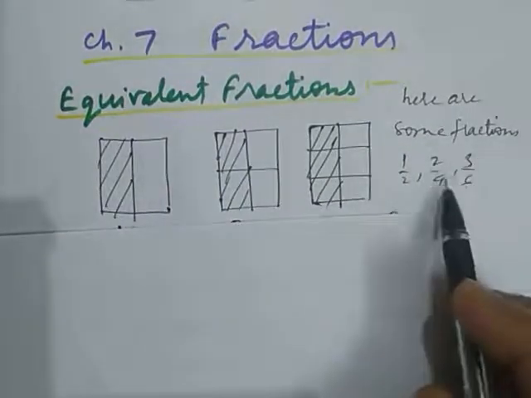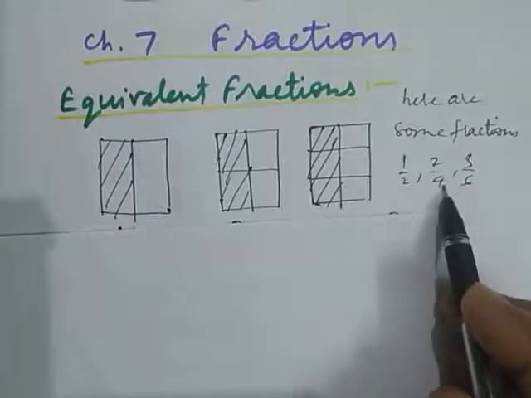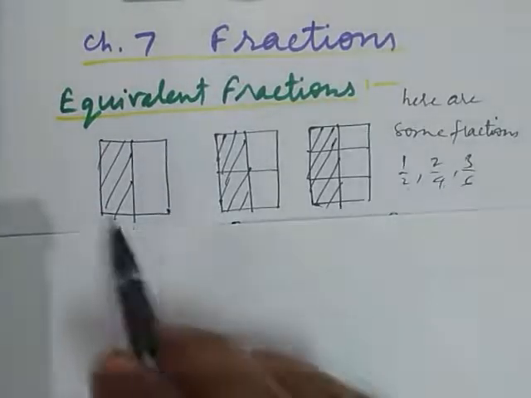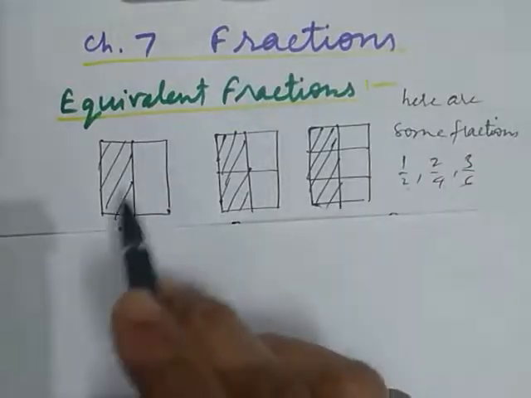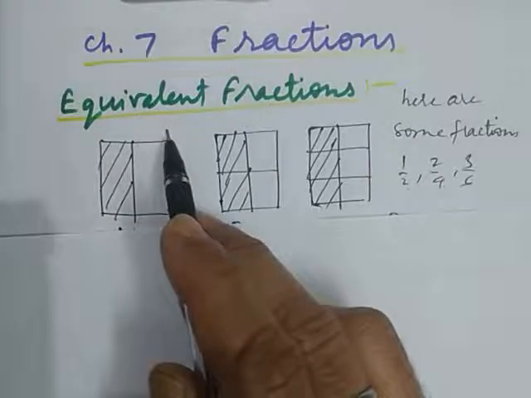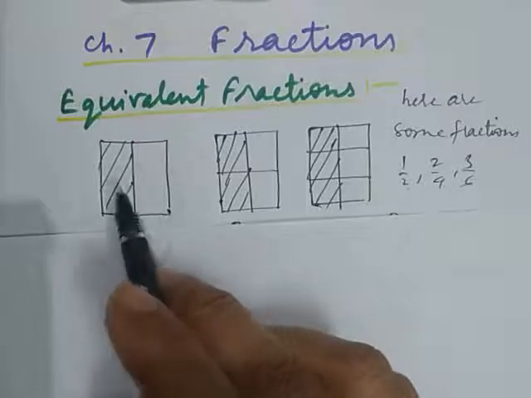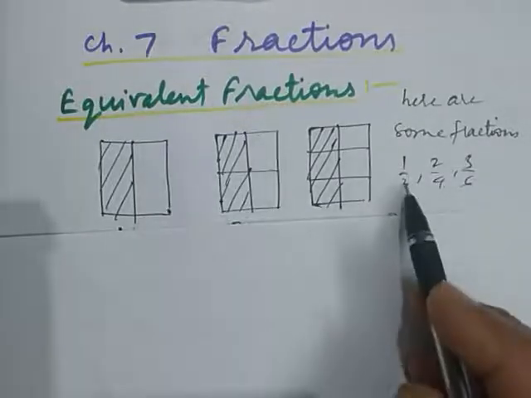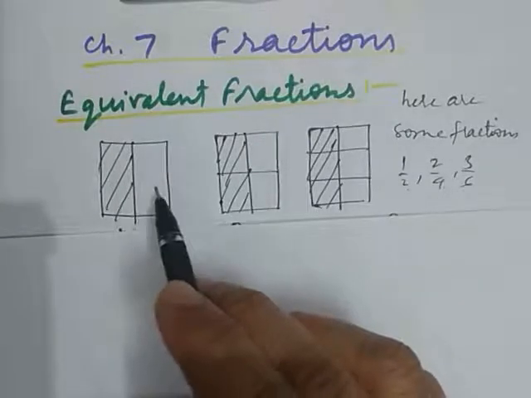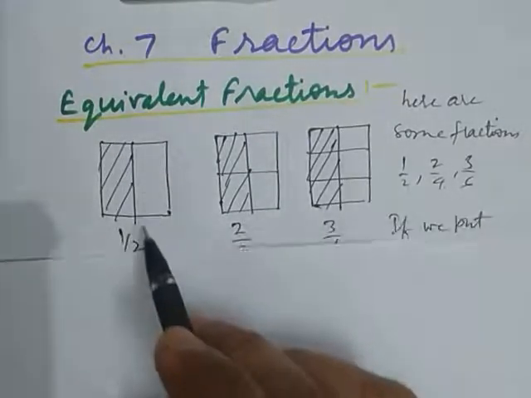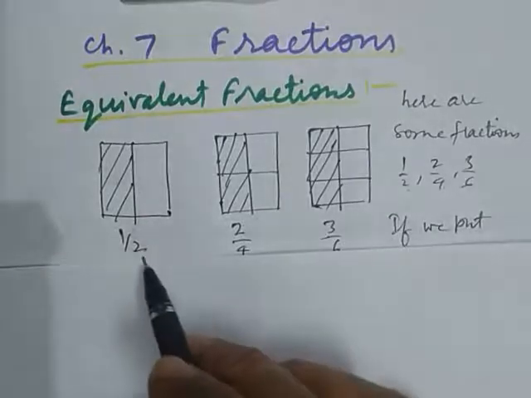Here are some fractions: 1 by 2, 2 by 4, 3 by 6. This is the pictorial view of these fractions. This is the whole one thing divided into two parts, because the denominator is 2, and we have to consider 1, so this is 1 by 2.